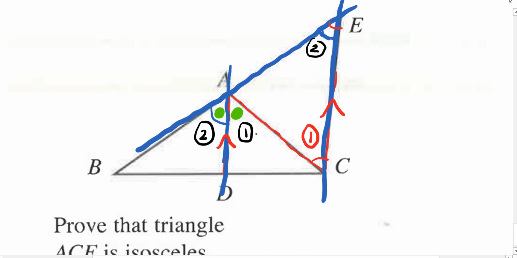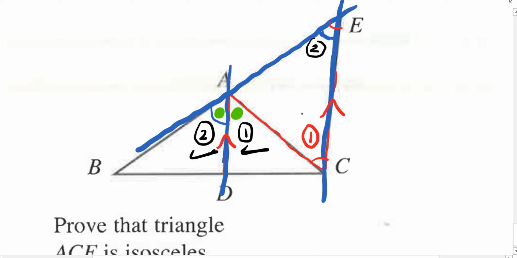So look, guys, 1 and 1 are equal, alternate interior angles. 2 and 2 are equal, corresponding angles. Now, what about these 1 and 2? These are equal because of the bisector.